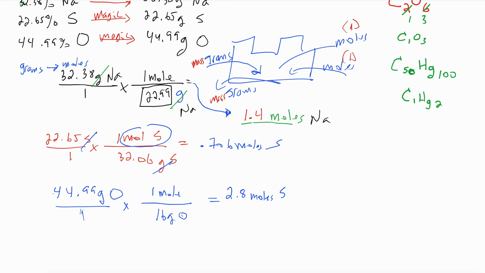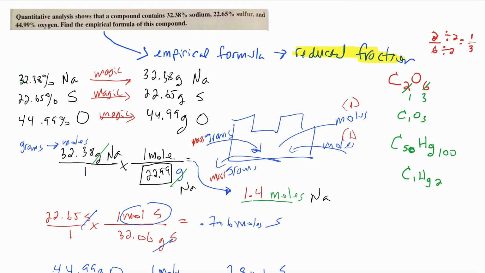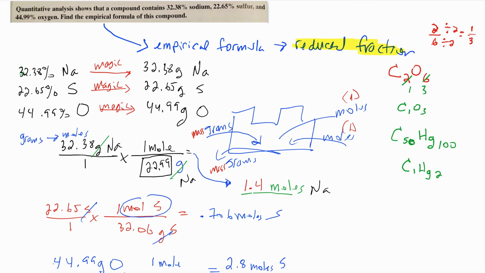So hold on. Look, this problem right here, you have to write down the elements in the order they gave them to you. So read them off to me. No, like first goes sodium, second goes sulfur, third goes oxygen. So you go sodium, and then you go sulfur, and then you go oxygen.